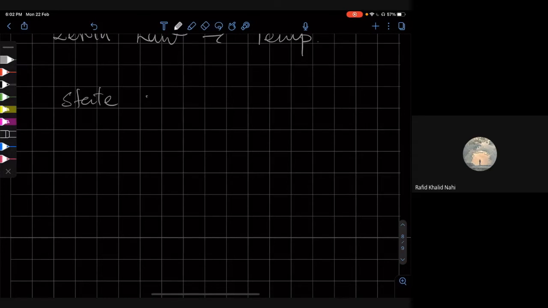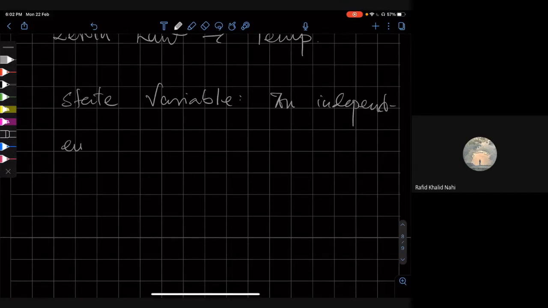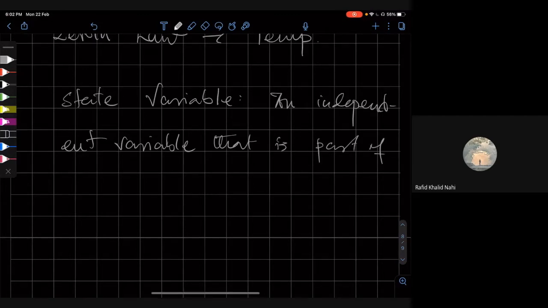So a state variable is an independent variable, a set of which is part of the description of the state of the system, right?